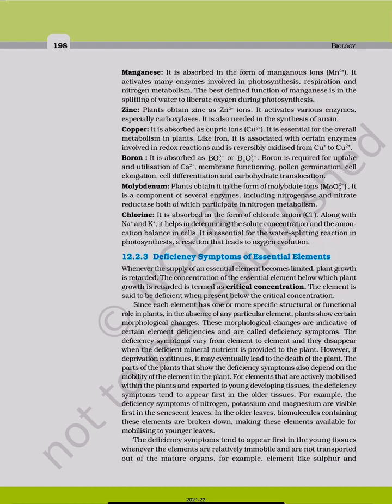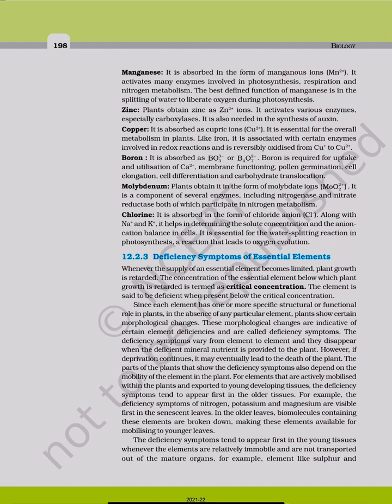The deficiency symptoms vary from element to element and they disappear when the deficient mineral nutrient is provided to the plant. However, if deprivation continues, it may eventually lead to the death of the plant.